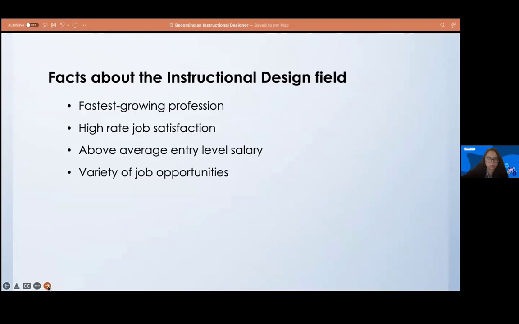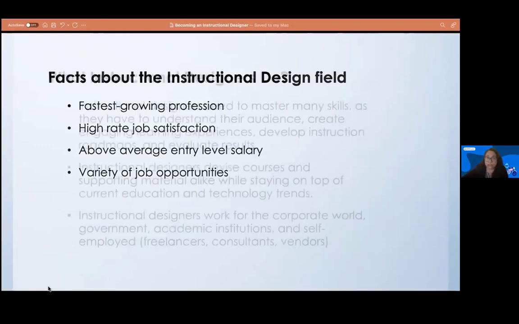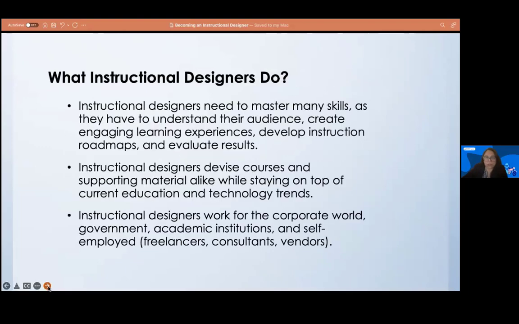So what do instructional designers do? Well, as I said before, they need to master many skills because they have to understand their audience, create engaging learning experiences, develop instruction roadmaps, and also evaluate results. However, it seems like a big undertaking for one instructional designer. But as I said before, this is a collaborative field where you don't have to do it alone.